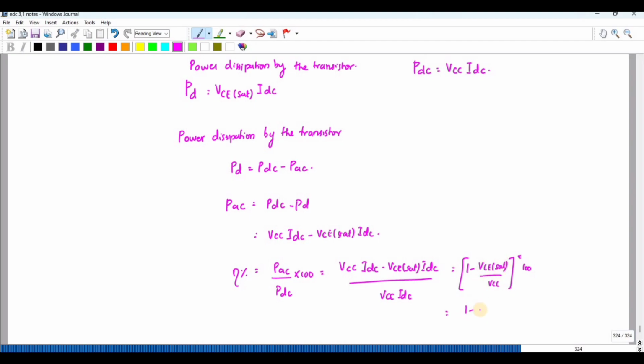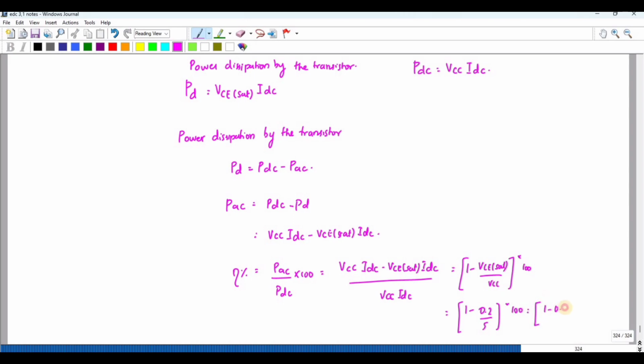We know that the VCE saturation value is less than 0.2, so this value is around 2 divided by 50, that is 1 divided by 25, which is 0.04.